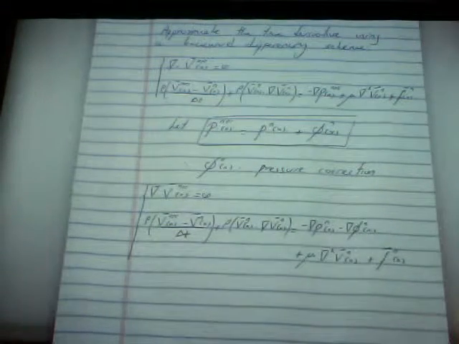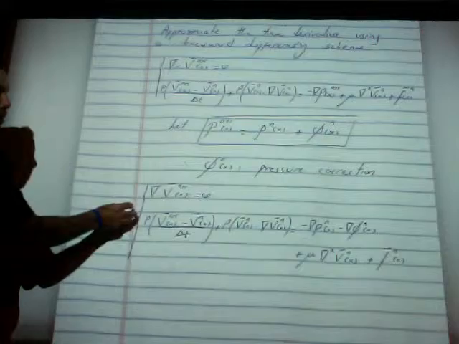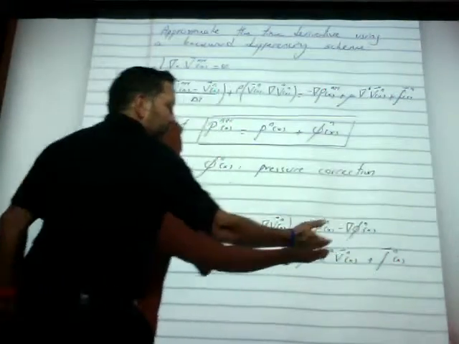And now we're going to rearrange things. We're going to keep this V at n+1 on the left, and we're going to bring this phi here to the left.